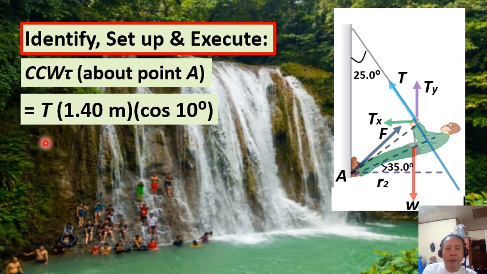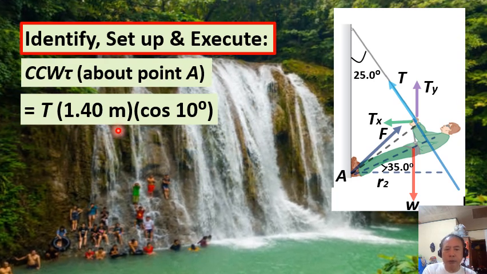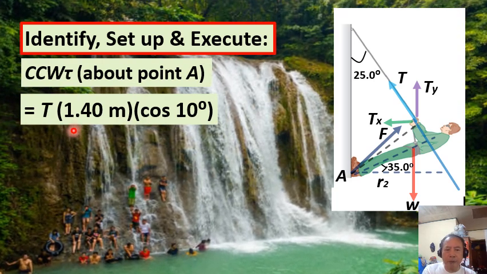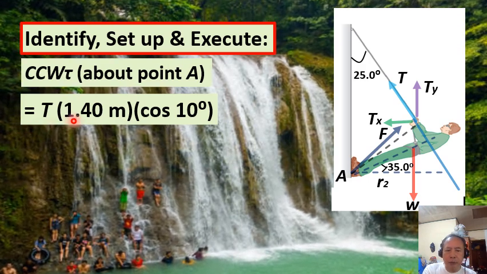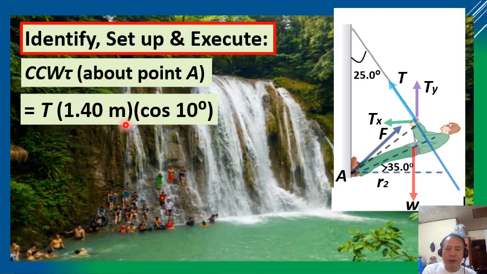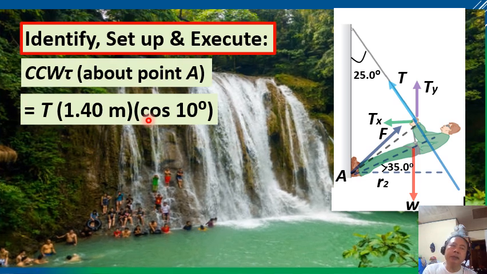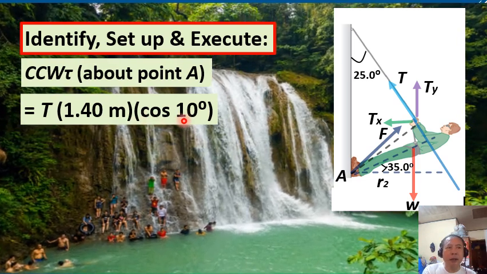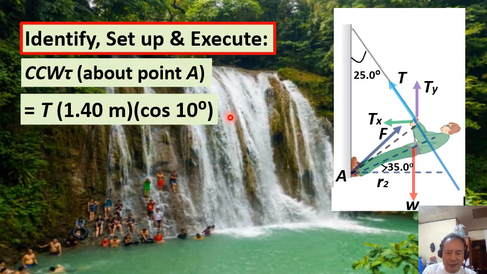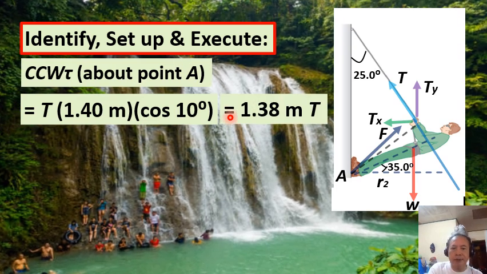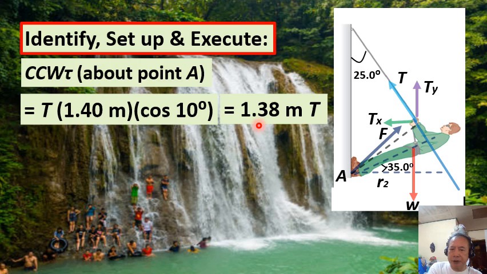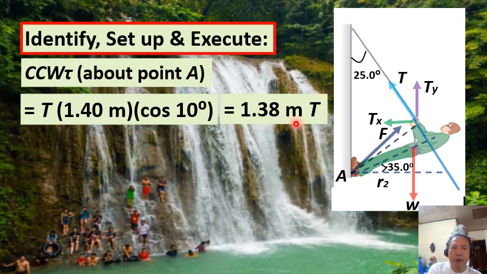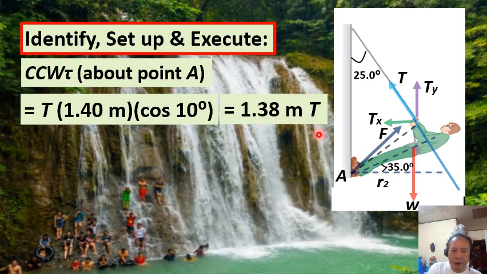Or we have the torque produced by the tension force T equal to capital T multiplied by 1.40 meters and multiplied also by cosine of the angle 10 degrees, which when simplified, we get 1.38 meters times the tension force capital T.